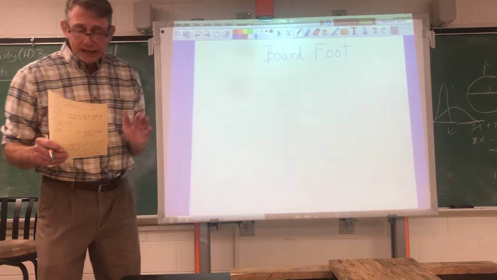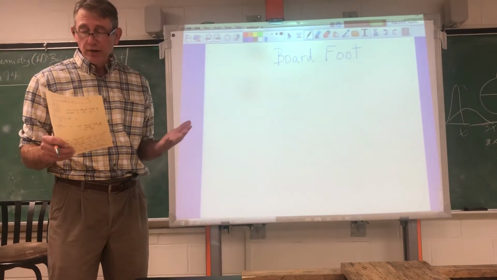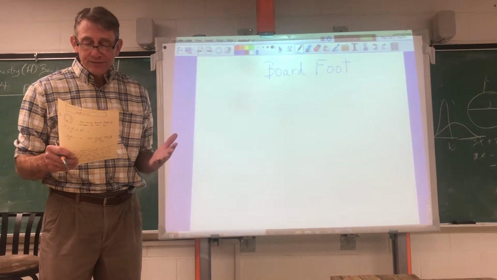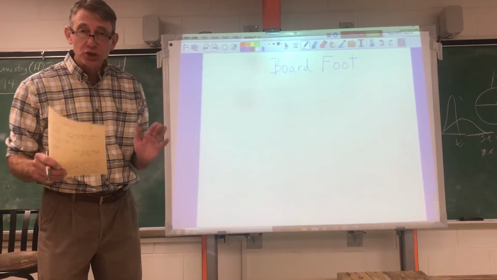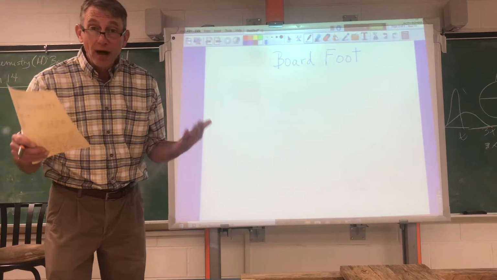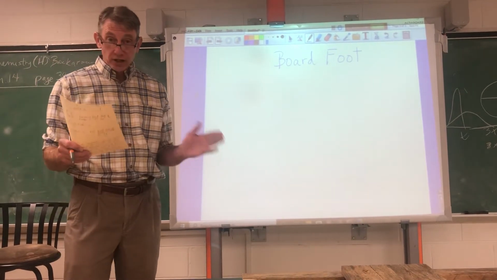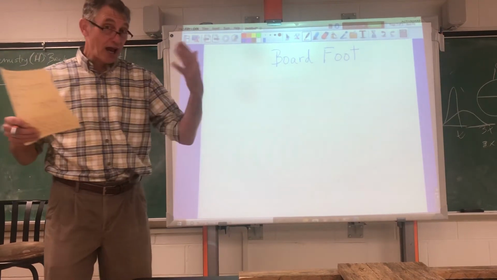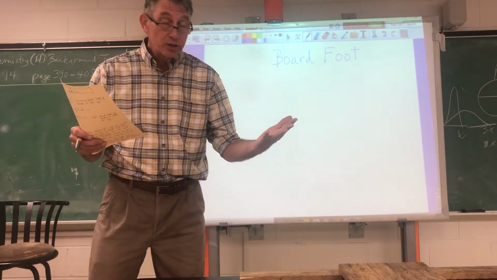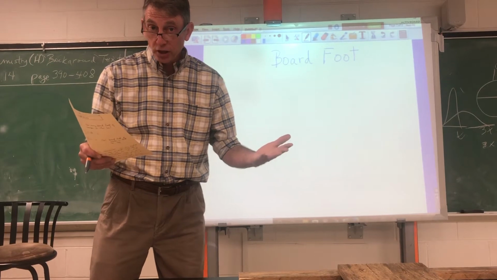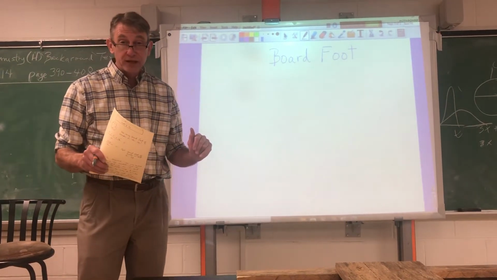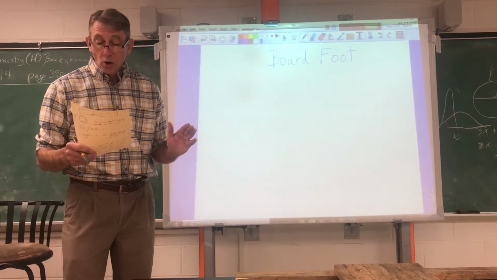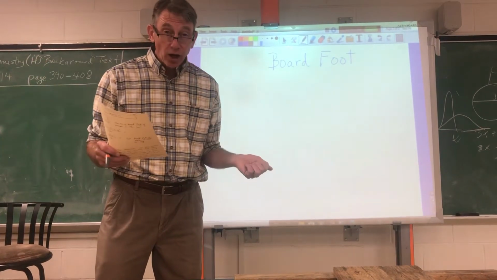A board foot is a unit of measure, okay? It's a unit of measure in the forestry and lumber industry that quantifies the amount of potential lumber, that is, the amount of boards of a given size, the amount of lumber either in a stand of forest, a timber cruiser, a forestry consultant could estimate how many board feet of lumber is in a hardwood or pine forest, or in a log or a load of logs.